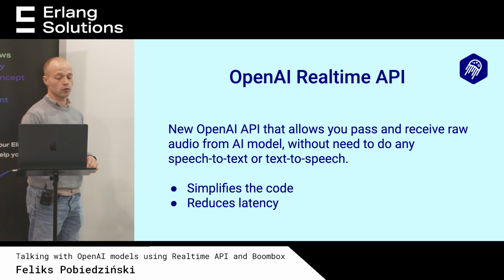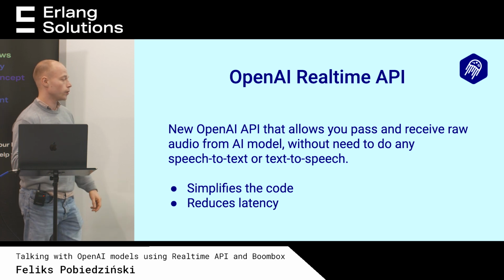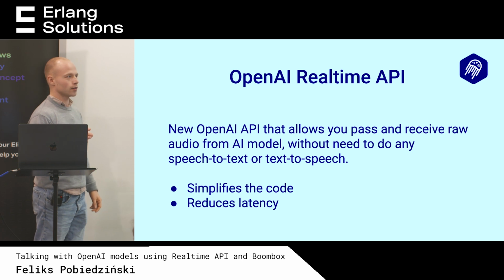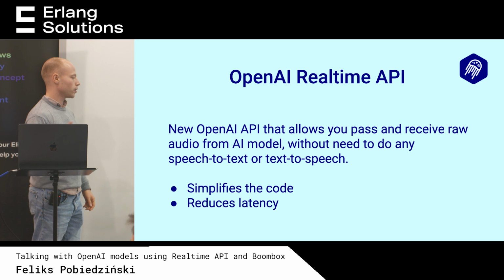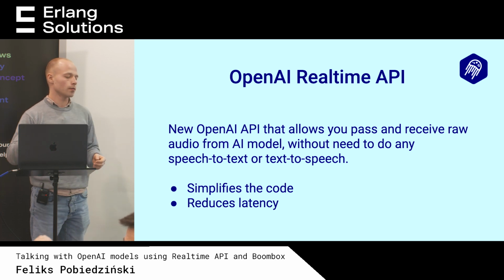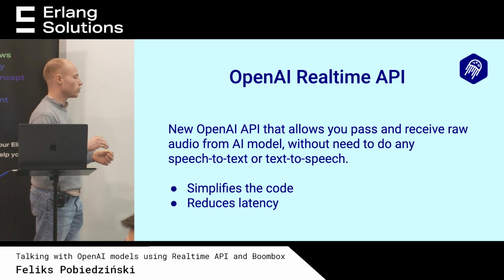And when you do, for example, speech to text, you have to choose between good quality and latency. Because this API passes raw audio to the model and the model generates audio, the latency is really, really low.